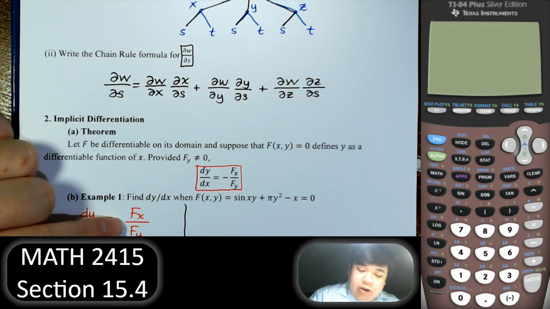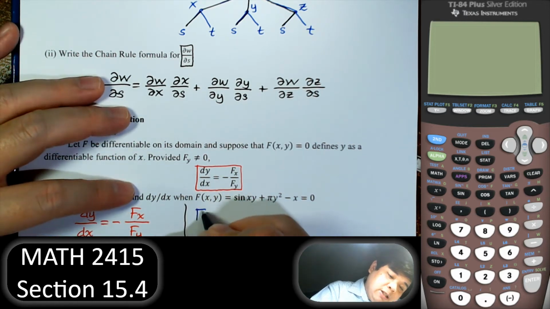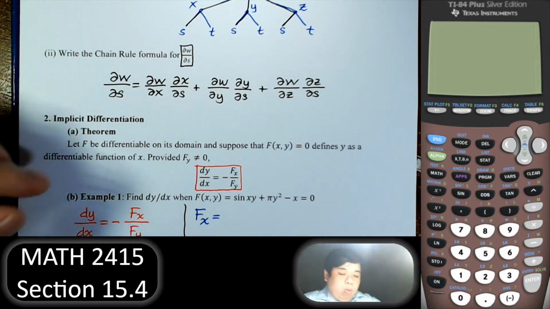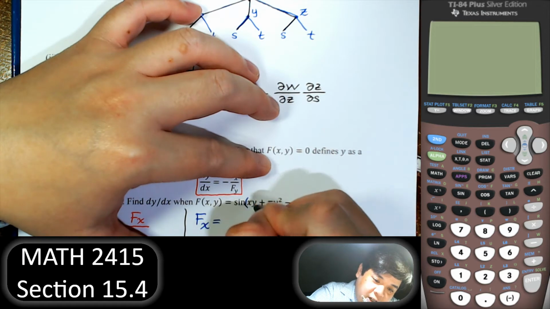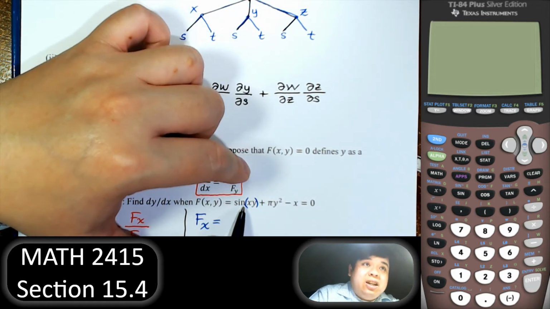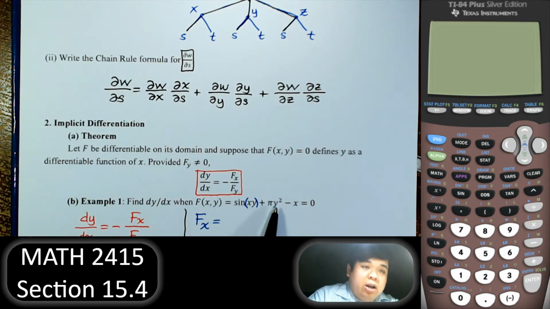Now we just find the derivative of f with respect to x. Here we have the sine function. So there's x in it, and there's x in it. This one, y squared, is a constant. The derivative of a constant with respect to x is going to be 0.